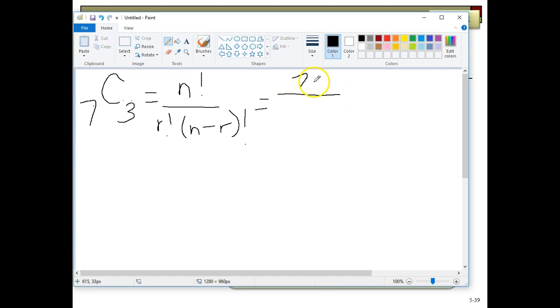So we have 7 factorial on the top. We have 3 factorial times the quantity 7 minus 3 factorial.